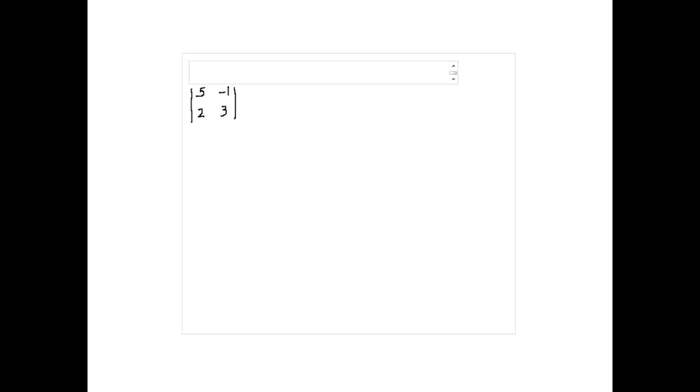Evaluate the determinant. 5, -1, 2, 3. Notice that we have a 2 by 2 matrix. So we multiply 5 by 3 and subtract -1 times 2.